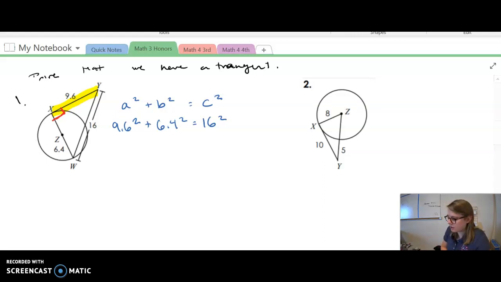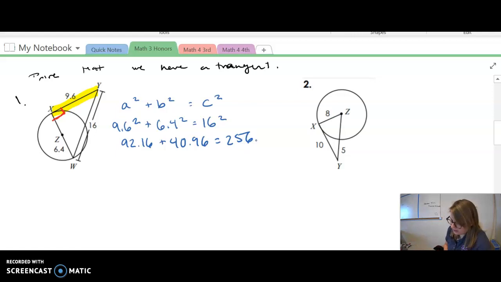Alright, so then from here we're going to solve and make sure they equal each other. So 9.6 squared is 92.16. 6.4 squared is 40.96. And then 16 squared is 256.